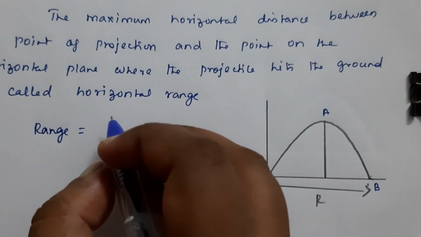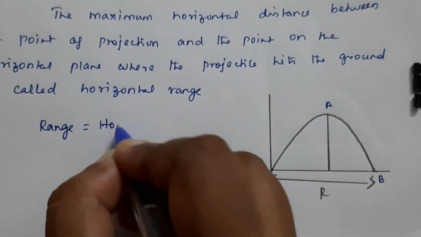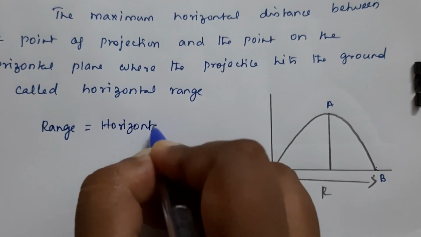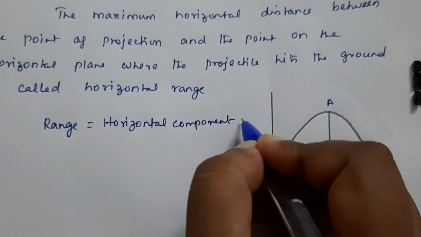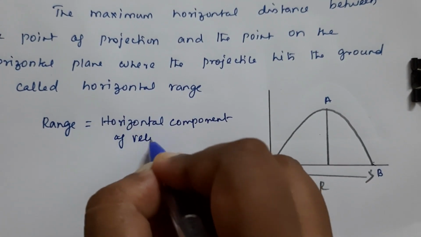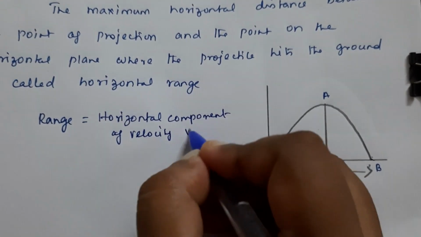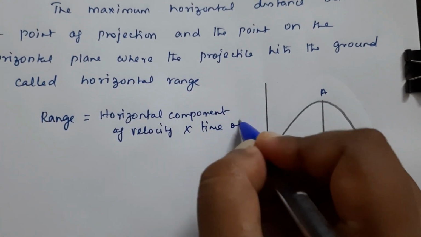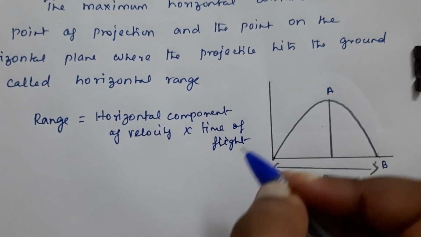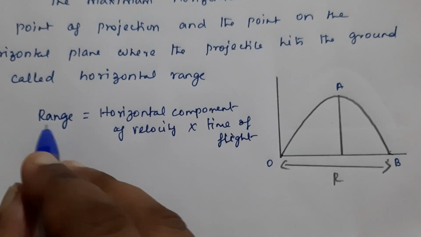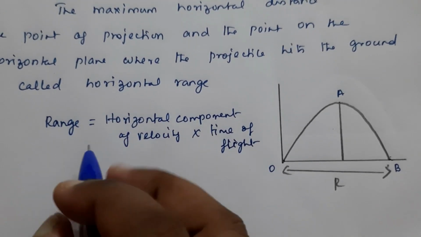So we can write range is equal to the horizontal component of velocity into time of flight. That is, distance is equal to velocity into time. So here distance is nothing but the range.